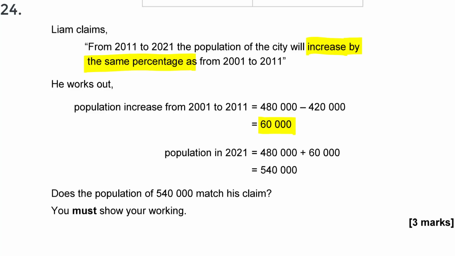But that is not the same percentage. 60,000 over 420 is not the same percentage as 60,000 over 480. Okay, so we need to put that down somehow.